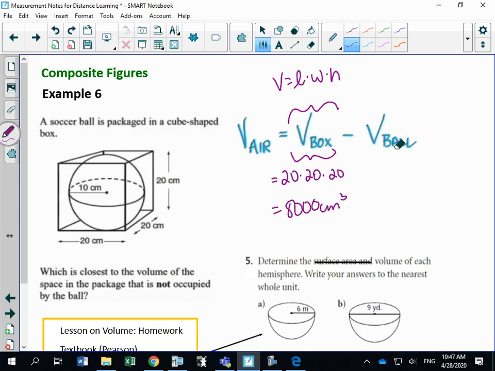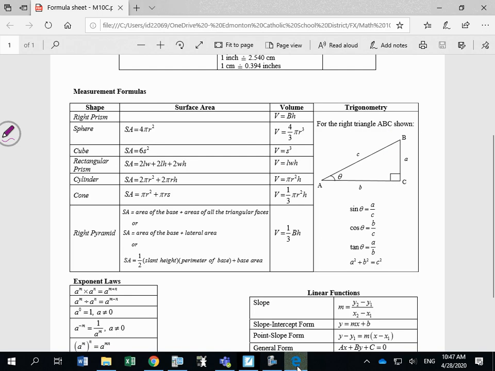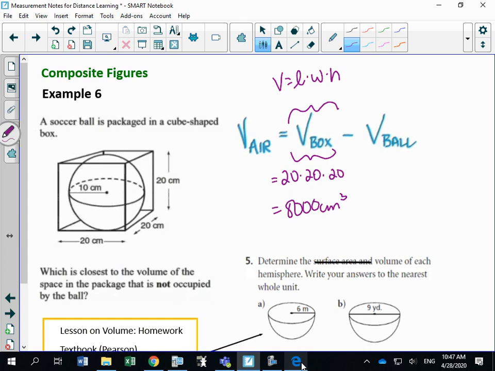The volume of a ball, so I got to look at my formula sheet. So a sphere, 4/3 pi r cubed. So volume of a sphere is equal to 4/3 in a bracket pi r cubed. The radius of this is 10.